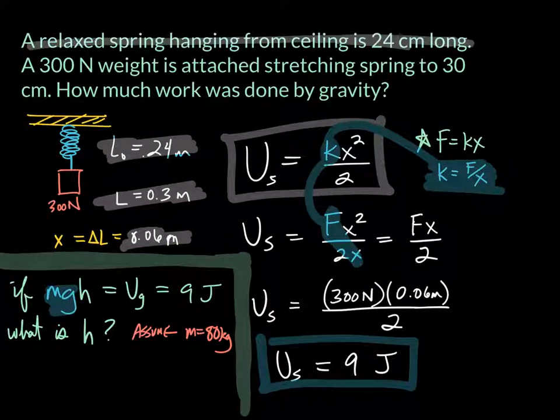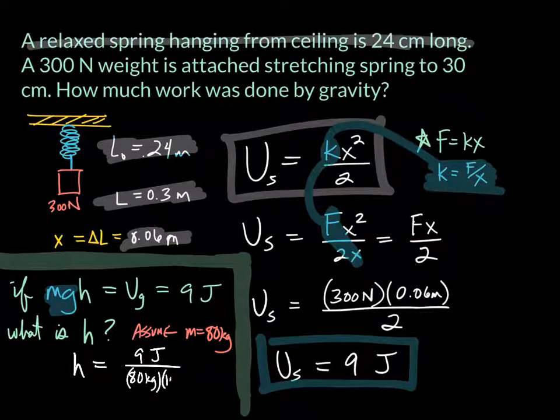So what is h going to be? It's not hard to do this math. h would be 9 joules, we just bring everything over, divided by the mass, which is 80 kilograms, times g.